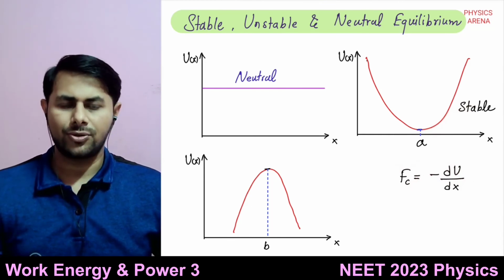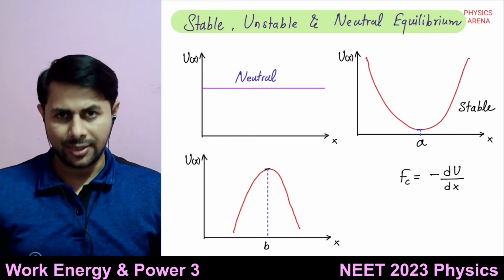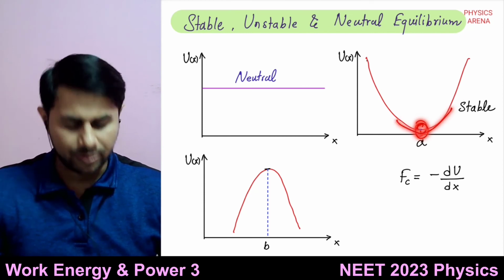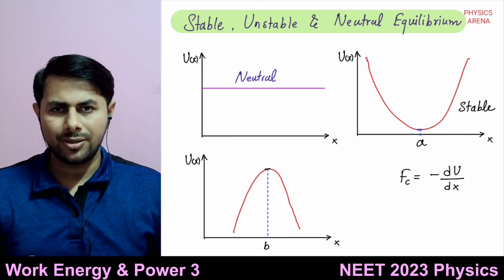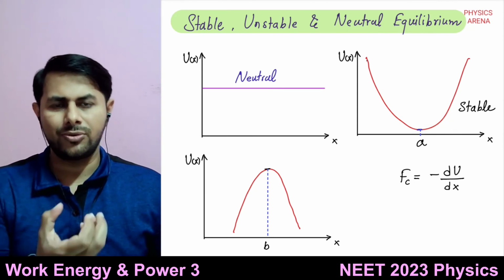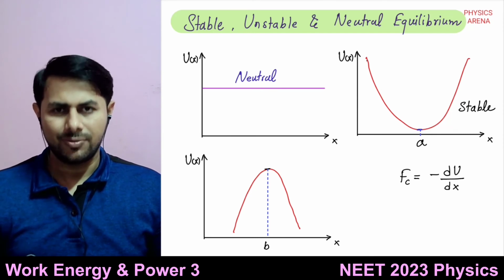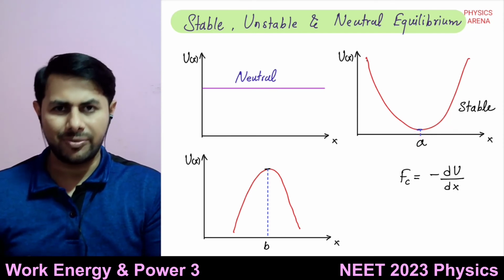So negative force means attractive force. If you move the object away from this point, it will be pulled towards that point. And that's why the object is in stable equilibrium.